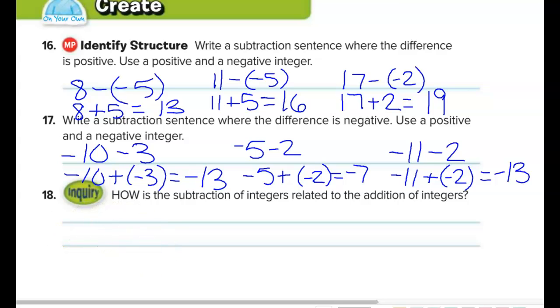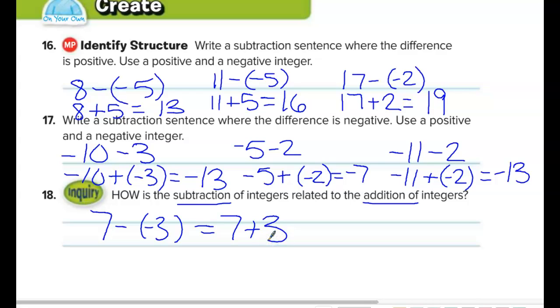Okay, so then 18 says, how is the subtraction of integers related to the addition of integers? What'd you say for that, Bryce? I put an example, so 7 minus negative 3 is the same as 7 plus 3.